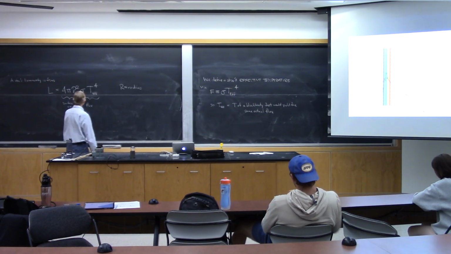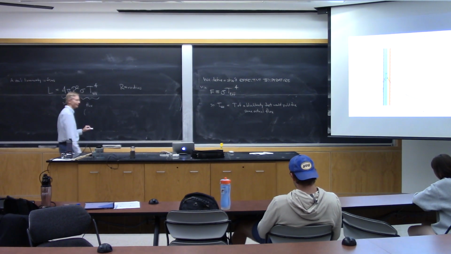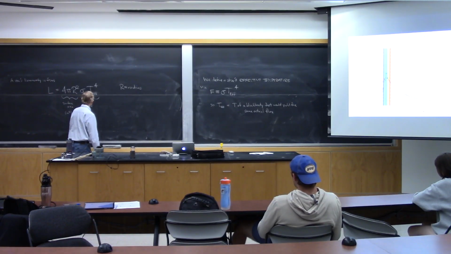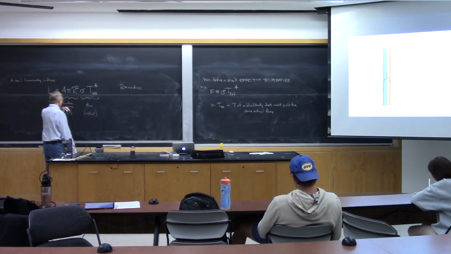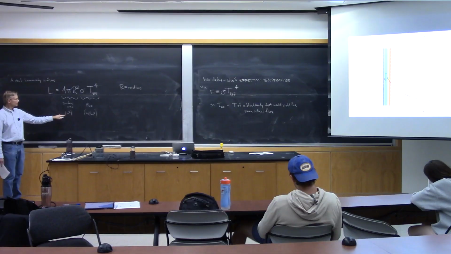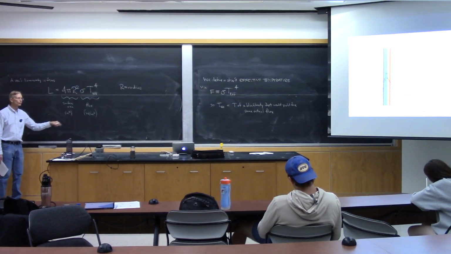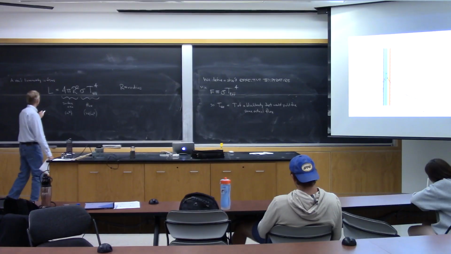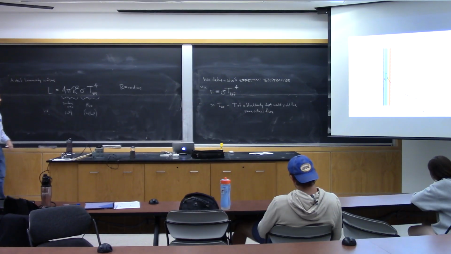Okay, so this is the flux. What are the flux's units? Watts per square meter. So if I multiply how many watts are coming out of each square meter times the number of square meters, that'll be the total number of watts coming from the star. So the luminosity in watts is the surface area times the flux, right?